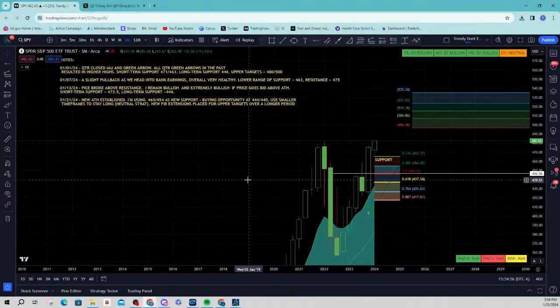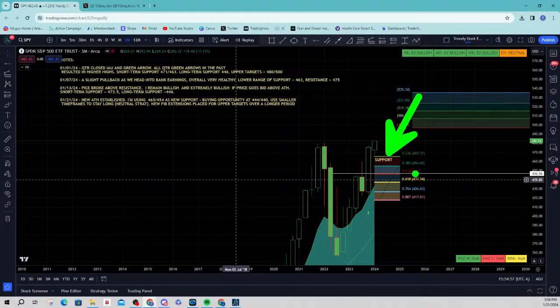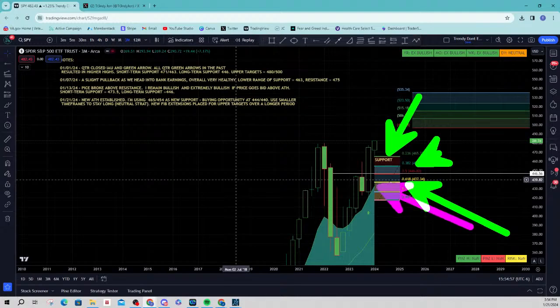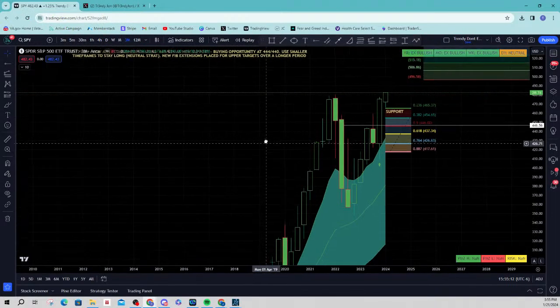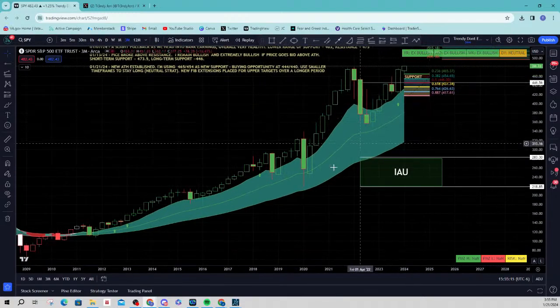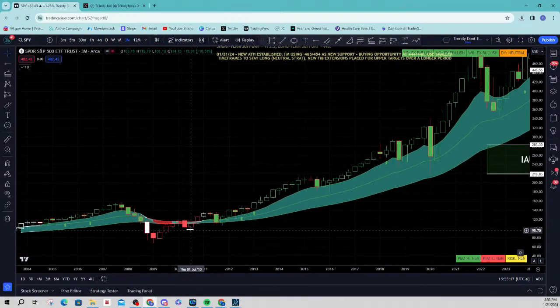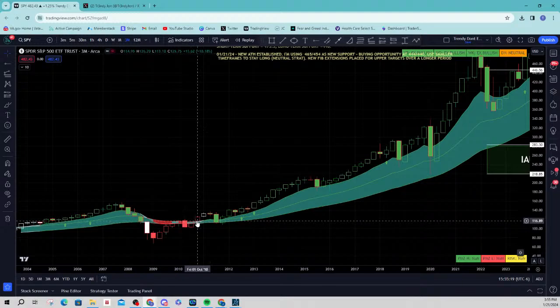Now, the reason that I say buying opportunity is just in case the support doesn't hold. I'm looking right here at the 50 and right here at the 618, and I'm looking at the confluence with a 9 EMA cloud, but on a 3 month or quarterly chart. It's very, very safe to say that this cloud has worked since, let's see, by the time we got above it, you can see here, this was in 2010.